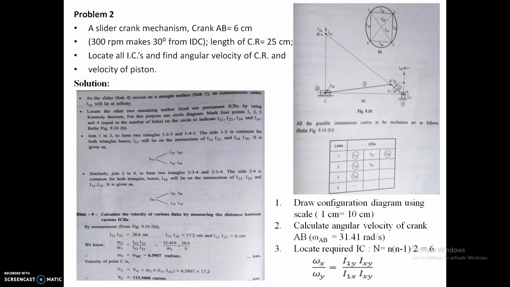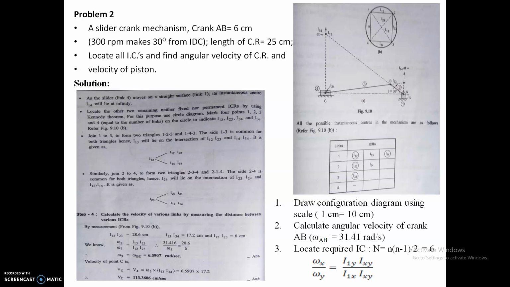Then after making the configuration diagram, you calculate the angular velocity of the crank because the RPM is given. So from RPM value, you can easily calculate the omega of AB. So the omega of AB comes 31.41 rad per second.